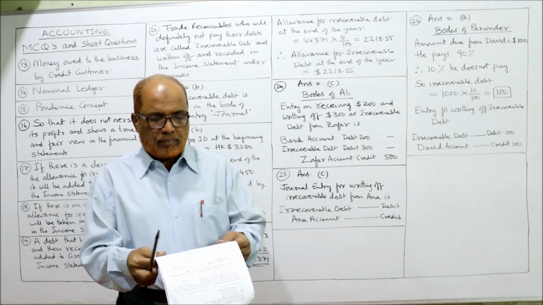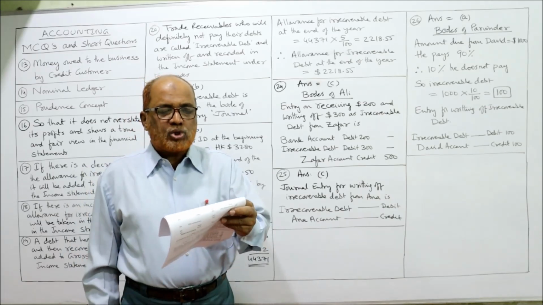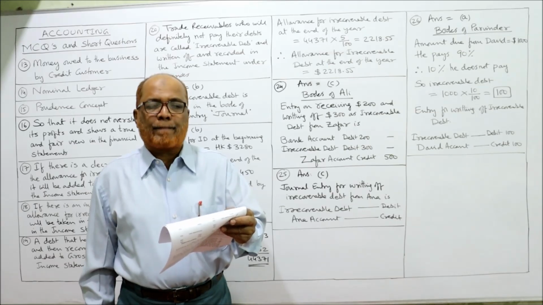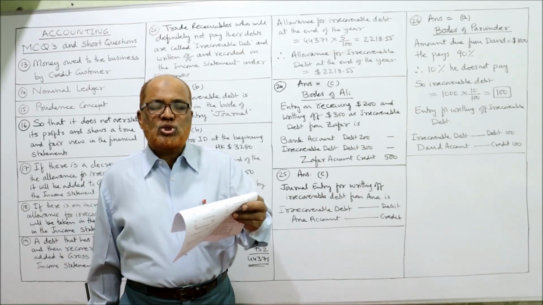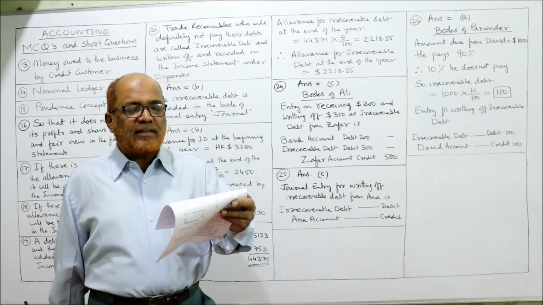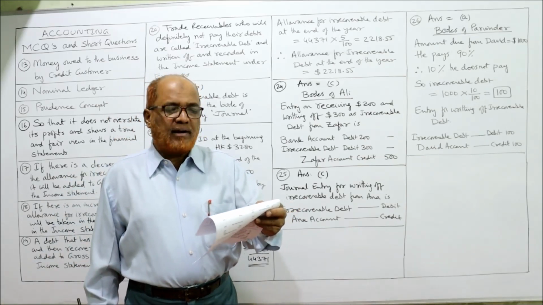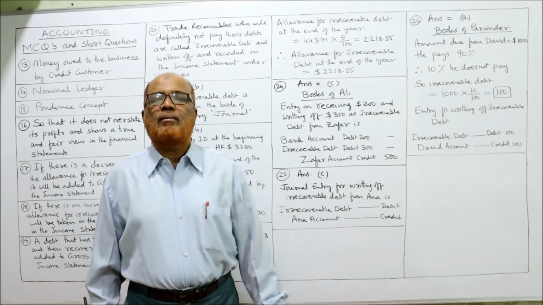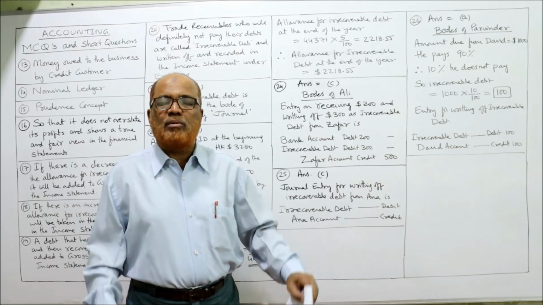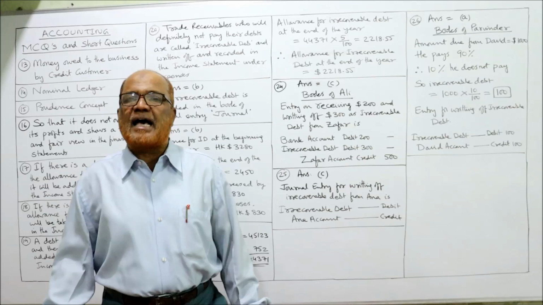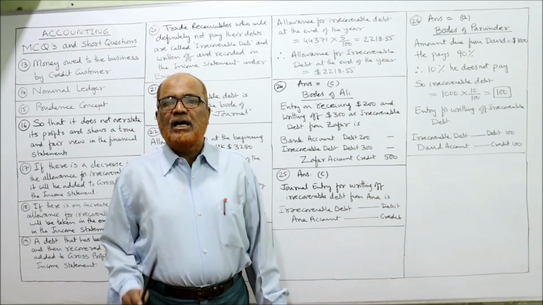Next, the 25th problem. A trader sold goods to Anna on credit. Anna is a credit customer. Anna failed to pay the amount owing, and this was written off as irrecoverable debt. Which entry will the trader make to write off the irrecoverable debt? Already we have seen so many problems. What is the entry for writing off irrecoverable debt?